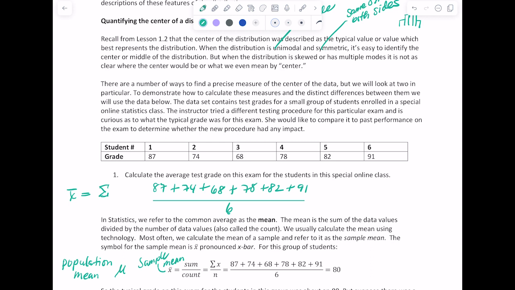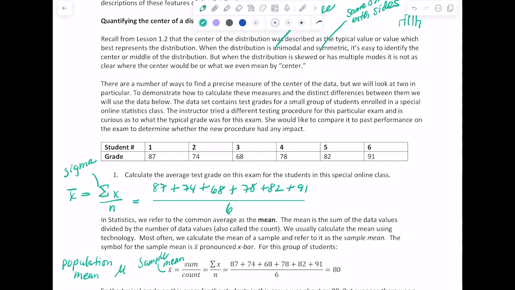So we're adding up all the values, and then we're dividing by the number of values that we have. Okay, so if you look at any kind of formula sheet, you'll see this formula for average. Anytime you see this Greek symbol, sigma just means sum. So you're going to sum or add the values and then divide by the number of values that there are.